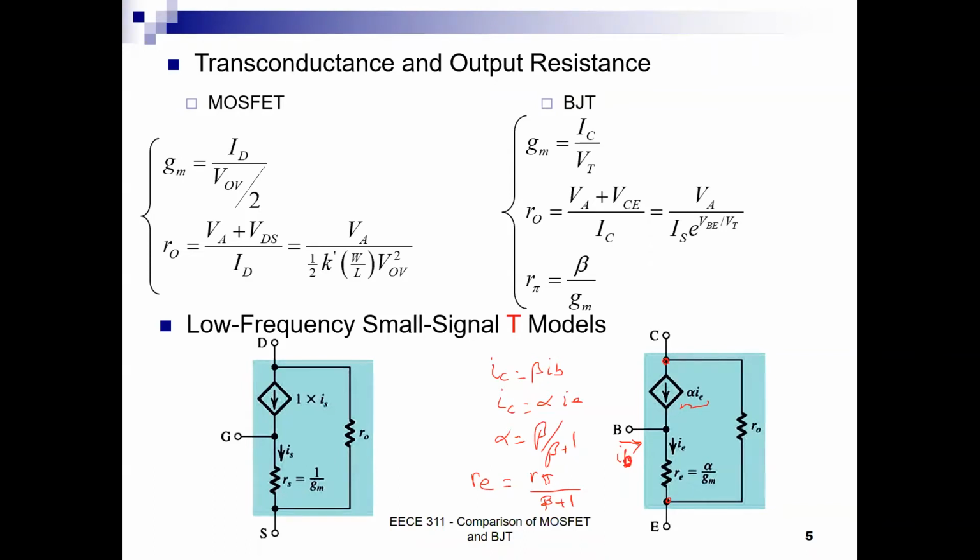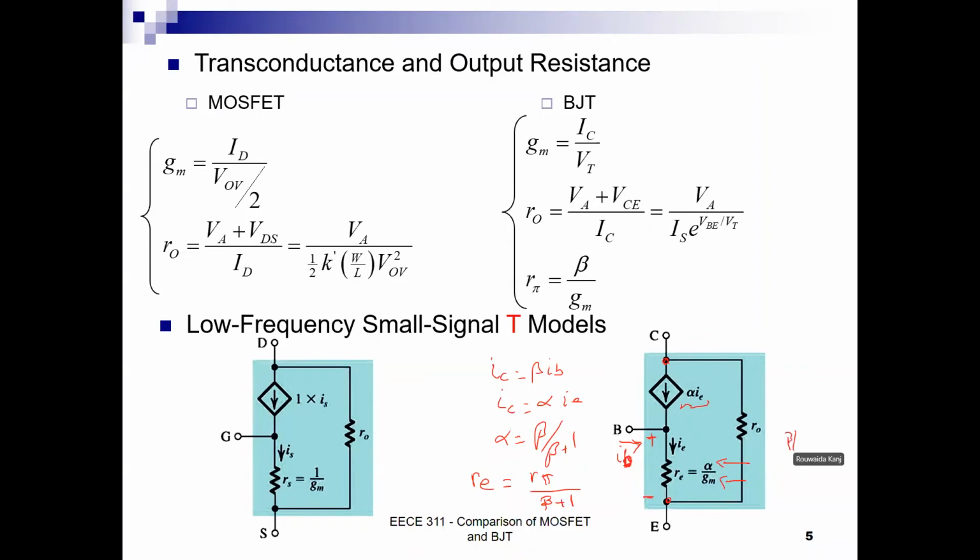In this scenario, IE is defined between B and E, and it is really VBE over RE. If we plug in the RE value, we will get again the same relations that we had in the pi model. Most importantly, recall that RE is really R pi over beta plus 1. And look at this, they plugged it in from alpha over GM.